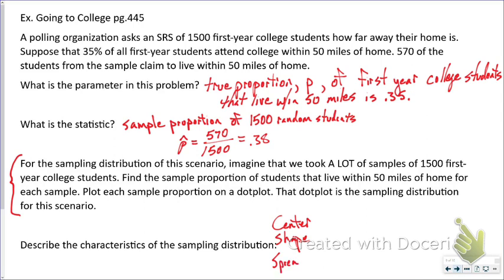All right. So for the center, I know that mu p hat is equal to p, that's at the top of this page, which is equal to the true proportion of 35%. That's our center. I just noticed I spelled spread wrong. Let's fix that.